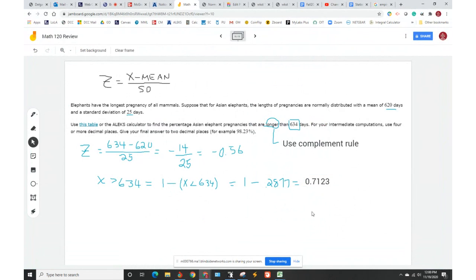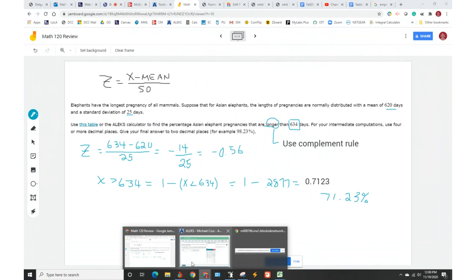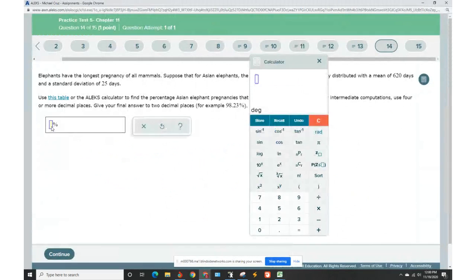All right, now we got to go over. Remember, that's 71. Okay?